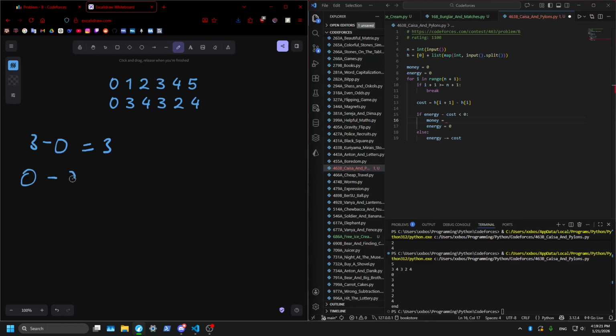If 0 minus the cost, okay, so like say we're going from 4 to 3, plus 1 is 4, minus cost is negative 1. So, okay, yeah.